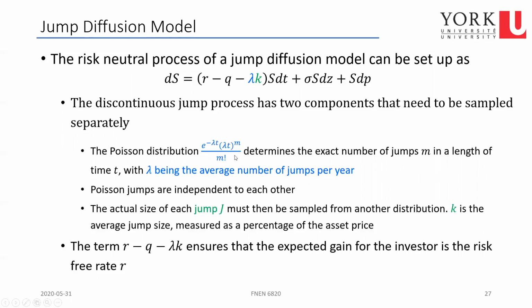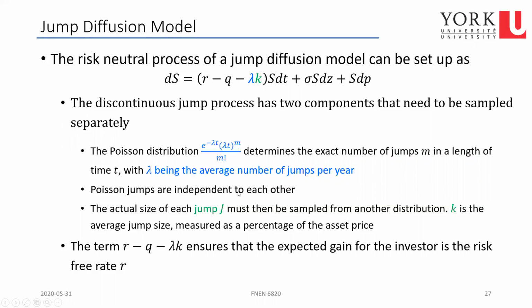It's a random number. That random number will tell you in this particular realization how many jumps you have. So if an average is 30 in a year, then you may get 1 jump or get 3 jumps, as the realized number of jumps for that particular period of time.